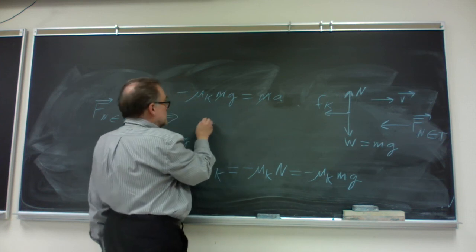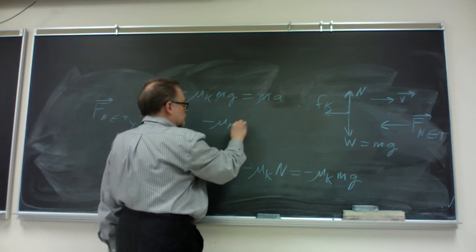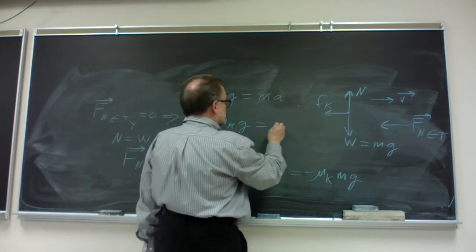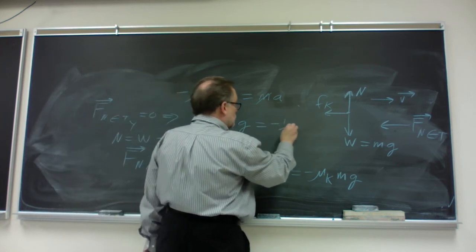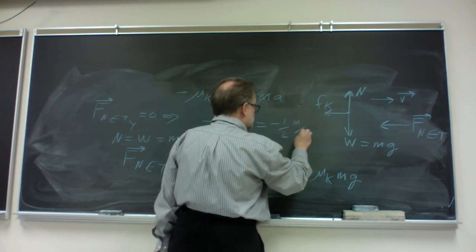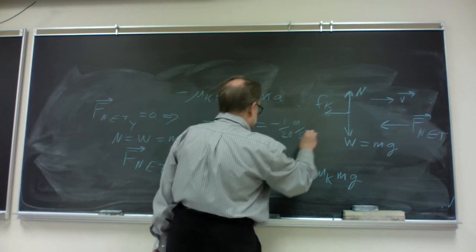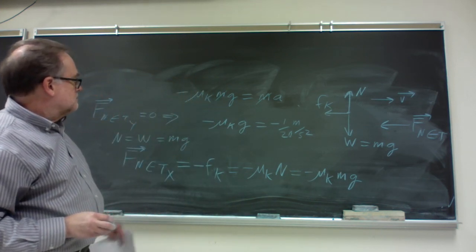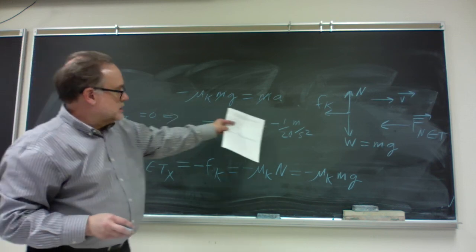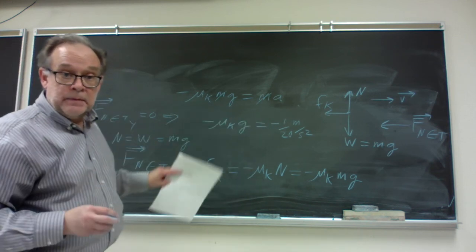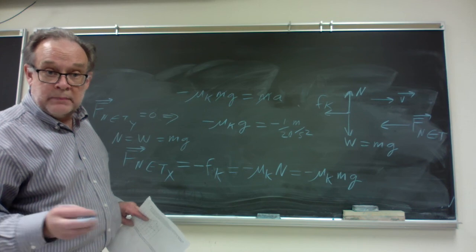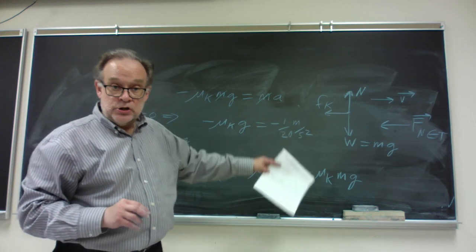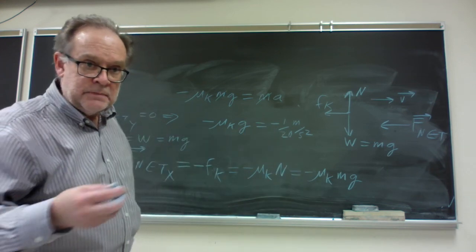That's convenient, because I never said what the mass was. And all we have then is minus coefficient of friction times g, 9.8, equals negative 1 over 20 meters per second per second. So then look, there's a minus sign on both sides of the equation, so you can divide the whole equation by minus 1, those minus signs disappear. Divide both sides of the equation by g, which is 9.8.